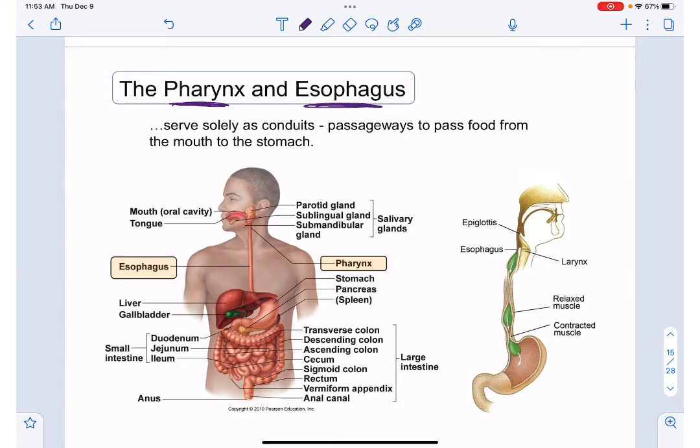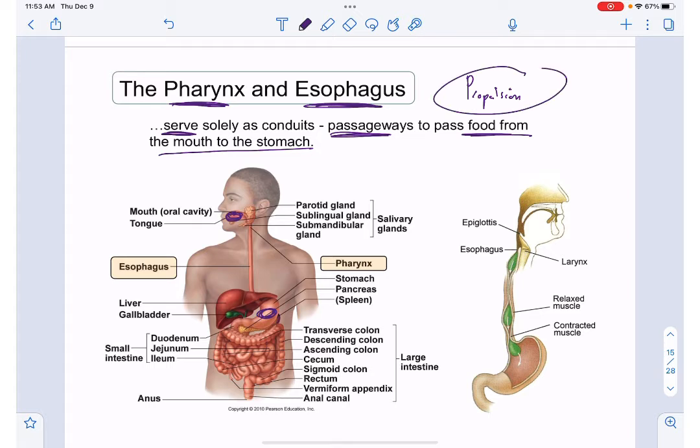But as far as digestive activities are concerned, the only digestive activity that the pharynx and esophagus are going to perform is propulsion. Their only job is to serve as passageways to pass food from the mouth down into the stomach. And so propulsion is their only digestive activity.